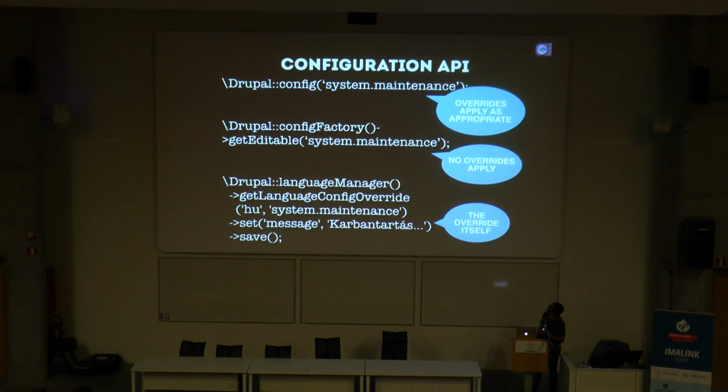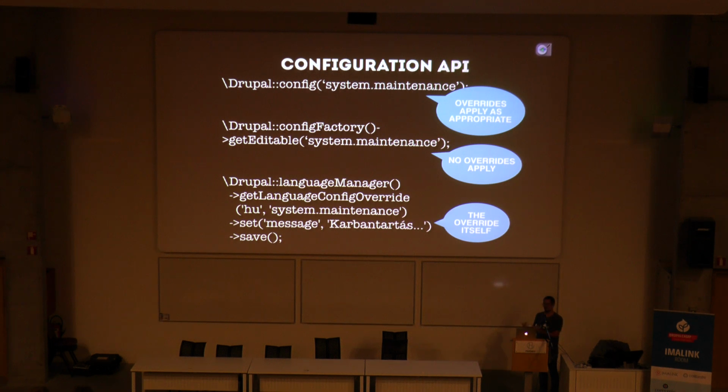And there are other methods for accessing your config. If you call the Drupal config, you get your config with all the overrides already applied. You can call the config factory and call the getEditable method there, which has no overrides. So if you have overrides from different languages, or you are creating your overrides in settings PHP, they won't be applied here.